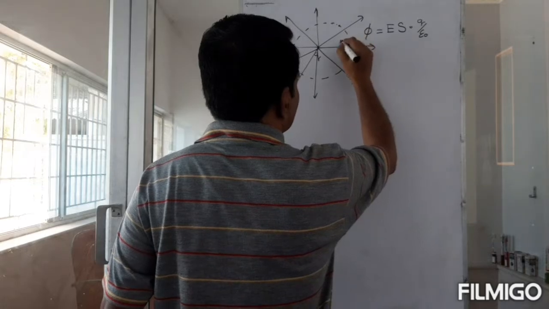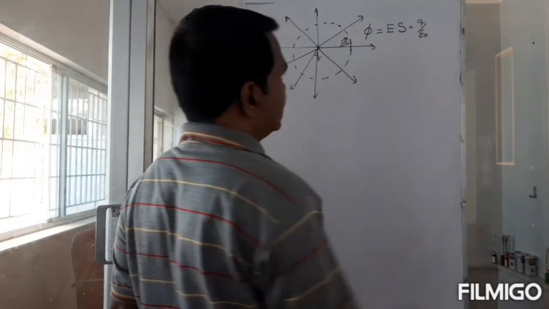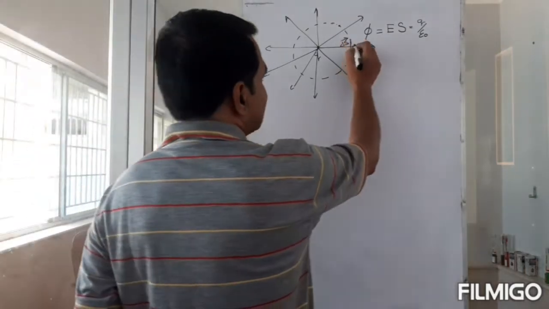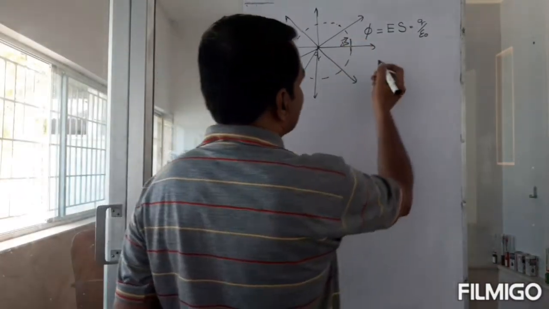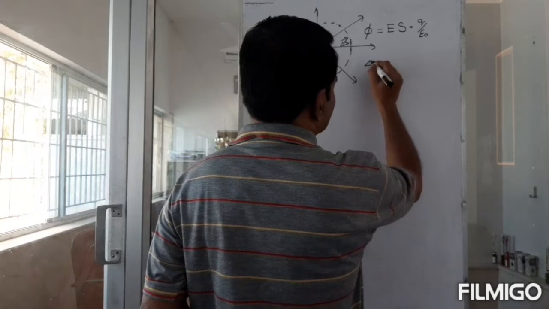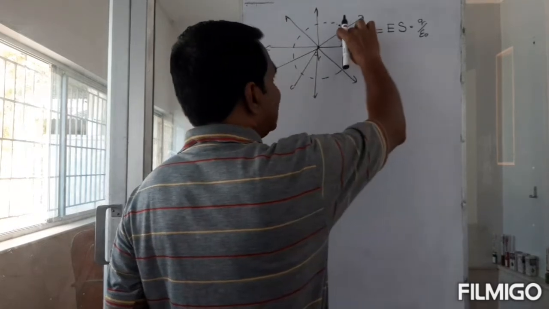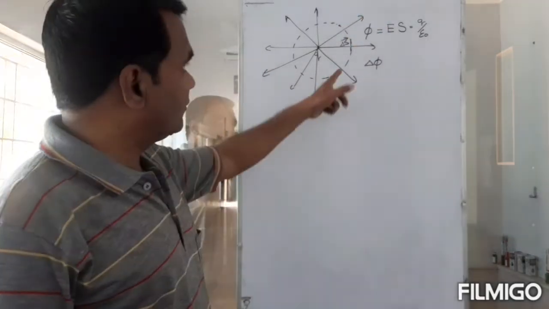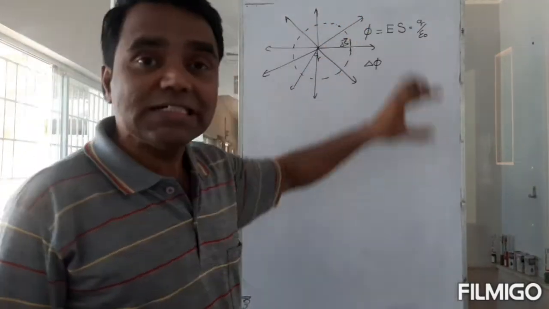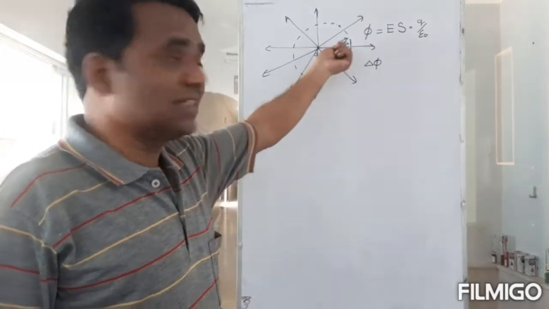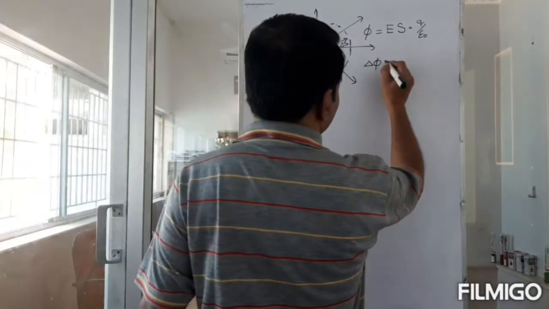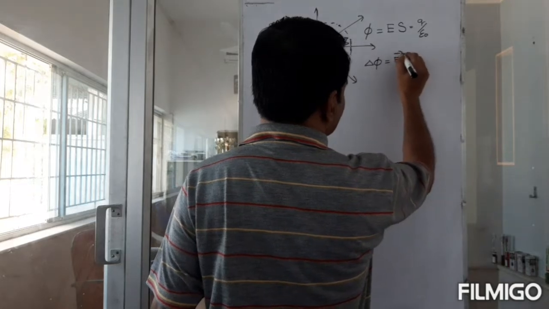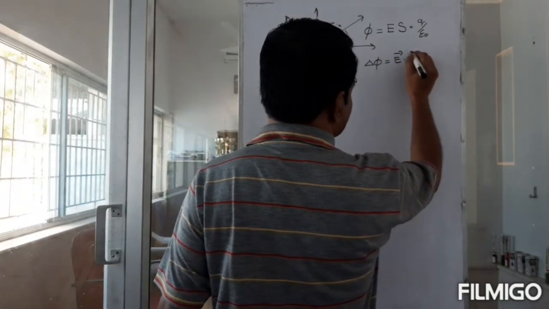So delta S, and I'm also going to assign a vector to that. Okay, and at this point, you are going to have an E there. So what is delta phi? Delta phi is the amount of flux going through the area delta S. So delta phi is going to be given by the expression E dot delta S vector.